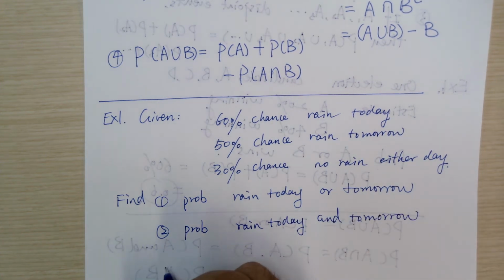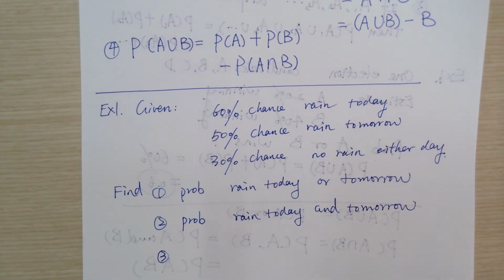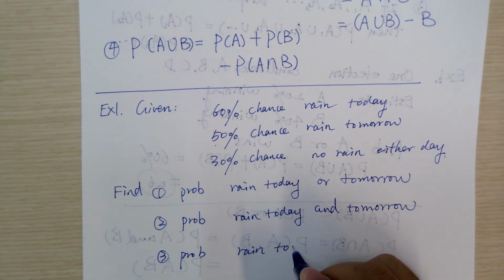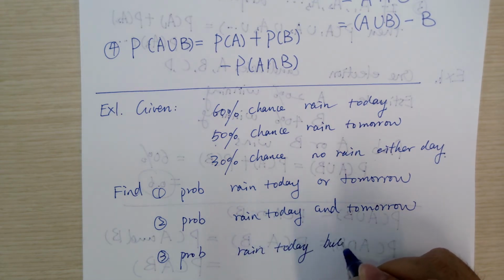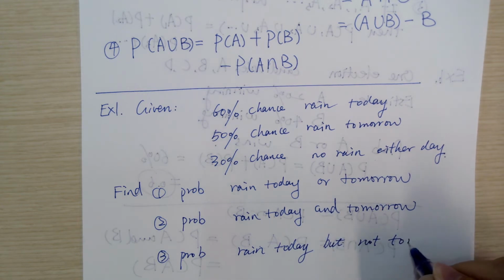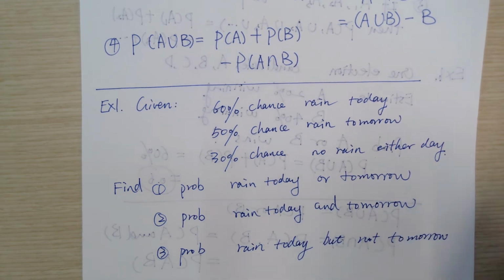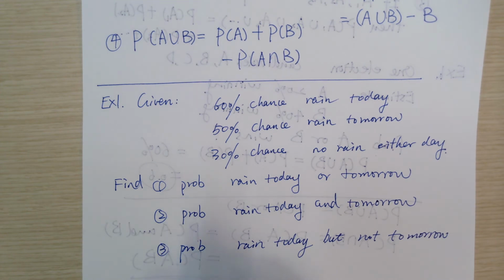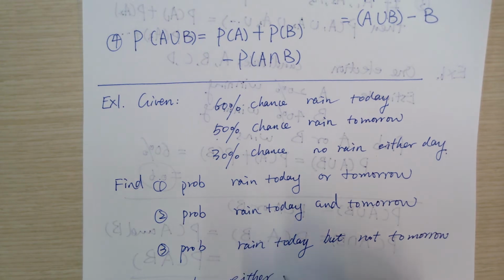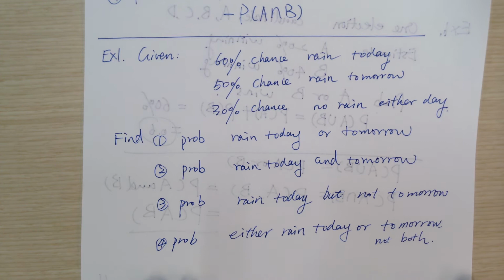Third, find the probability it will rain today but not tomorrow. Last one, find the probability that it will rain either today or tomorrow, not both. So that's the problem.